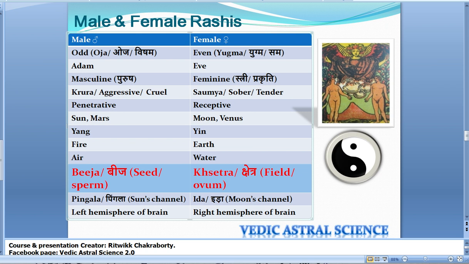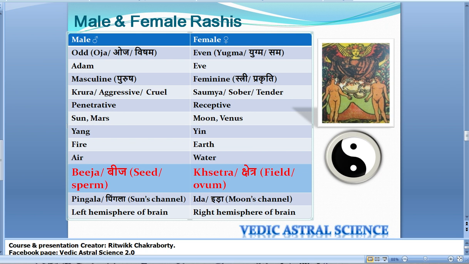So Beeja or seed is nothing but the sperm, the fertility unit in a male, and Kshetra or field is nothing but the ovum in a female. Just like when you want to grow some crops, you need a cultivable and fertile land or soil, and you also need that particular type of seed for whichever plant or crop you want to grow.